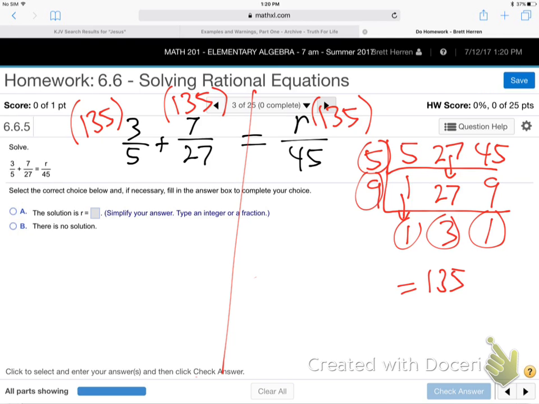So we're wiping out denominators, right? Not making common denominators. We're wiping them out. These are over 1. These are 135 over 1. So cross cancel and multiply what's left over.